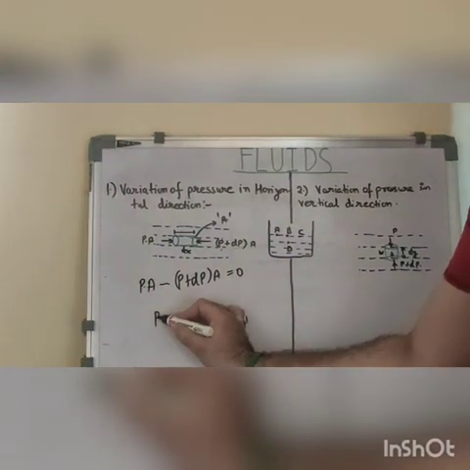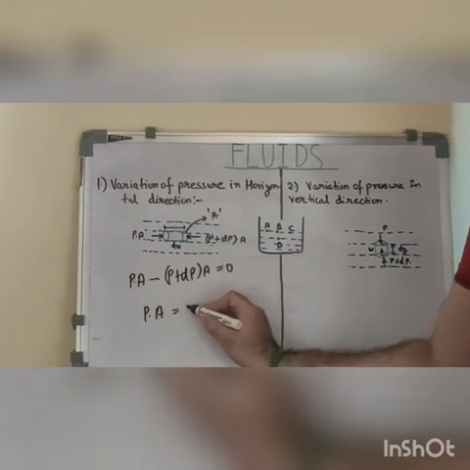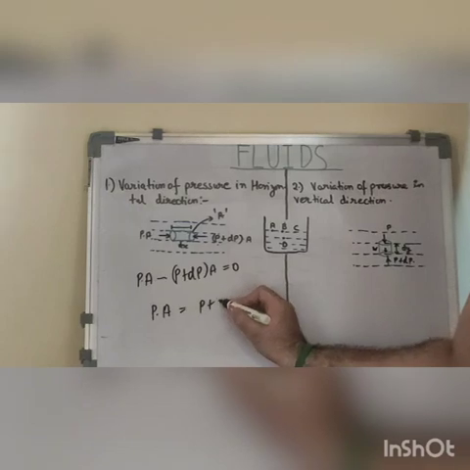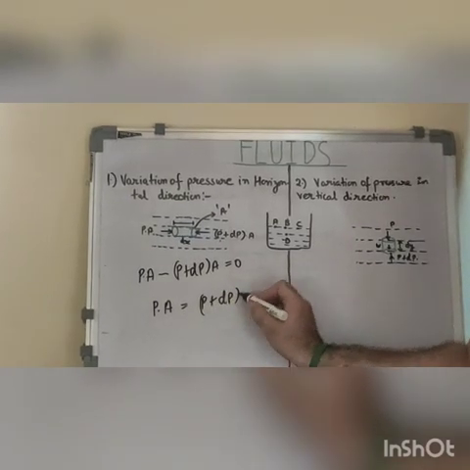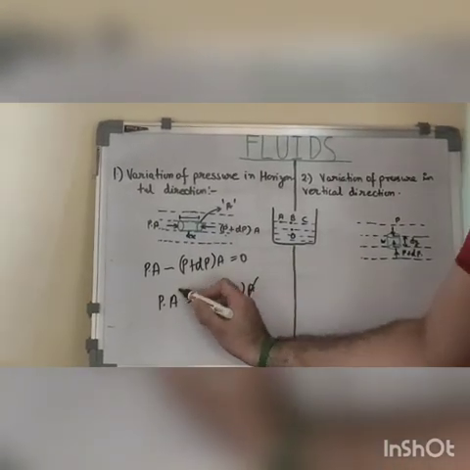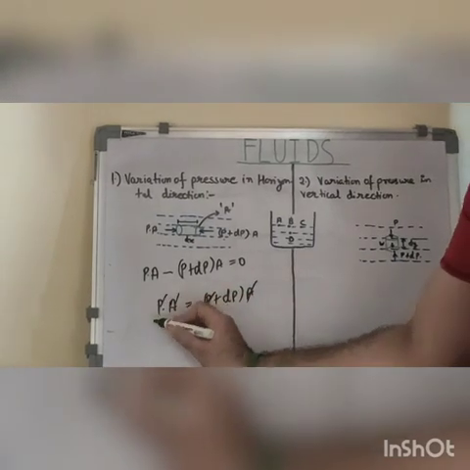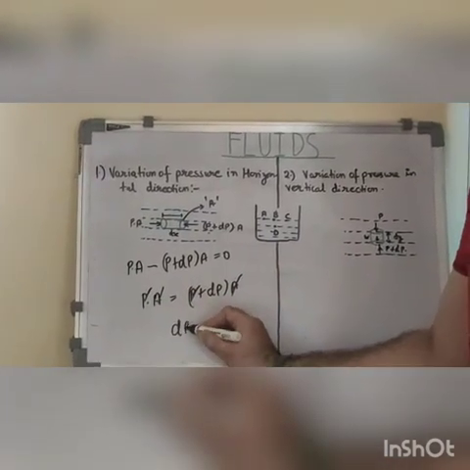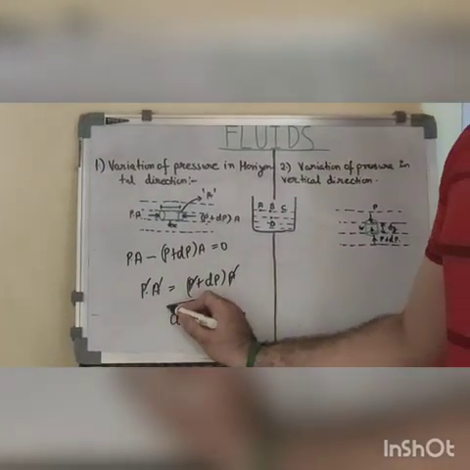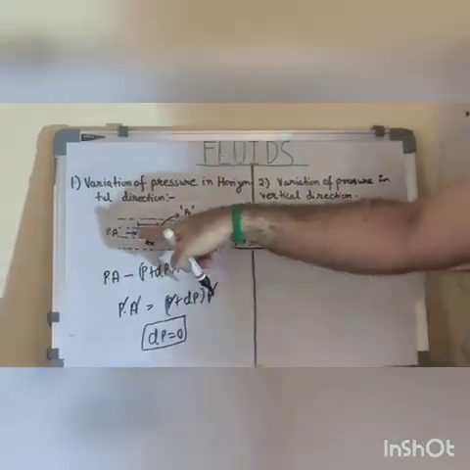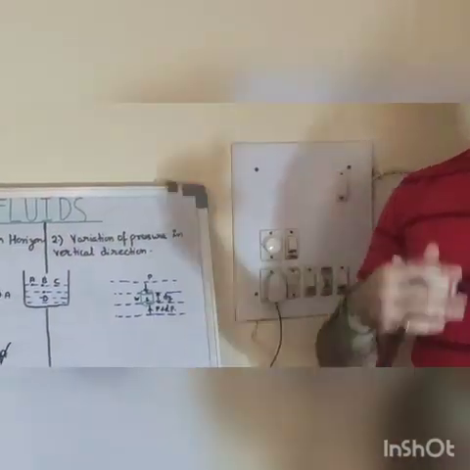So we will get P into A is equal to P plus dP into A. We can see that A cancels out, P also cancels out. We get dP is equal to 0, which implies that change in pressure in the horizontal direction is 0.